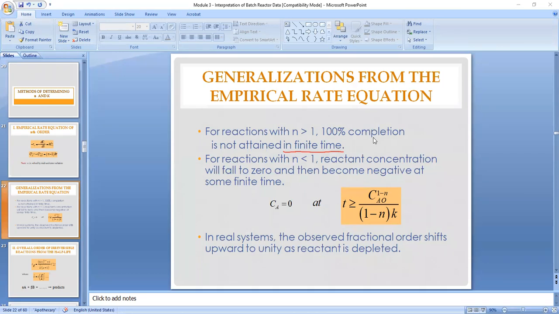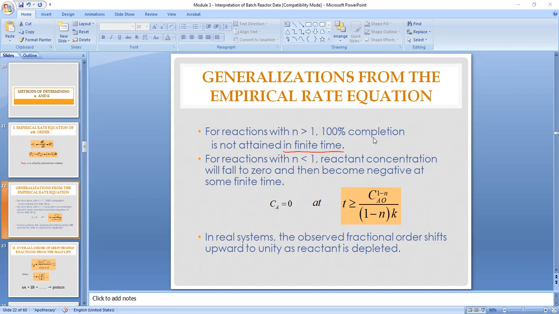We say a reaction is 100% completed when all your reactants, as what Jericho was saying a while ago, have been converted to the product or products. Okay? So that's for n greater than 1. What about for n less than 1?